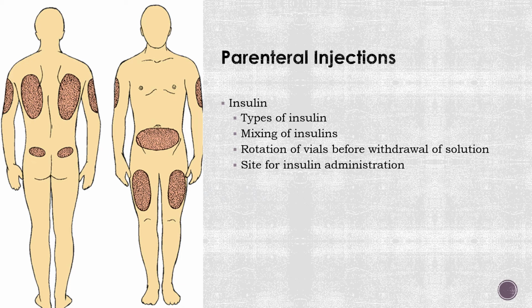Insulin is usually absorbed more slowly from the sides, like thighs. So this is important to remember when you administer rapid or short-acting insulin, whether insulin is absorbed slowly or if it's a rapid absorbing site.